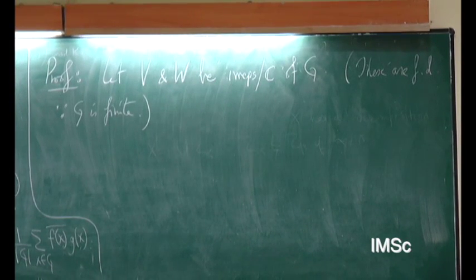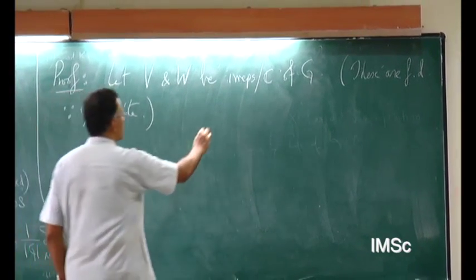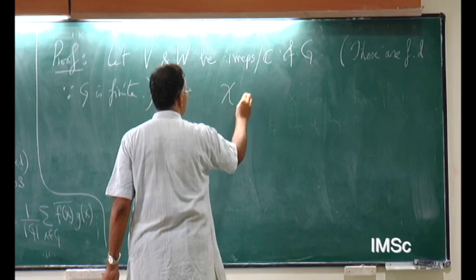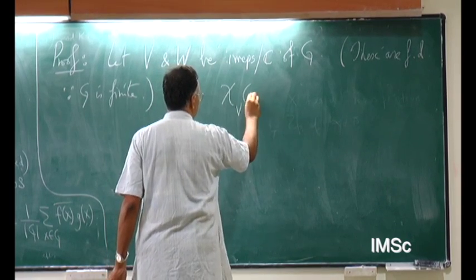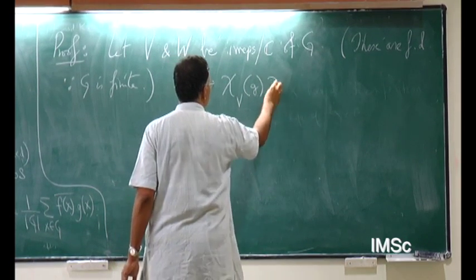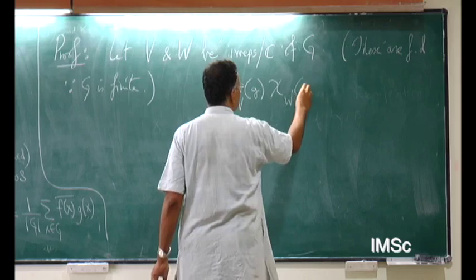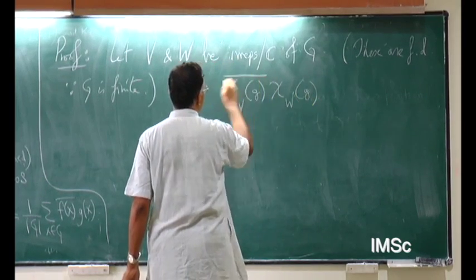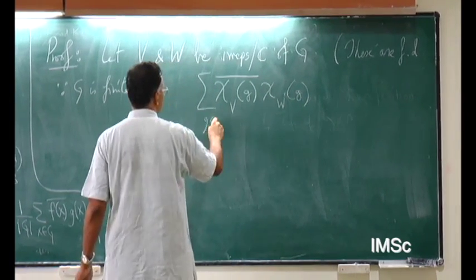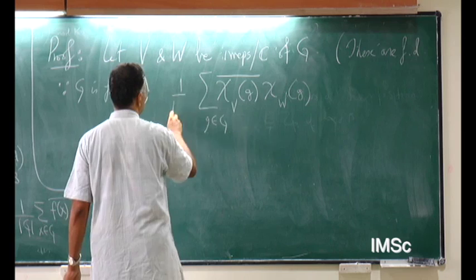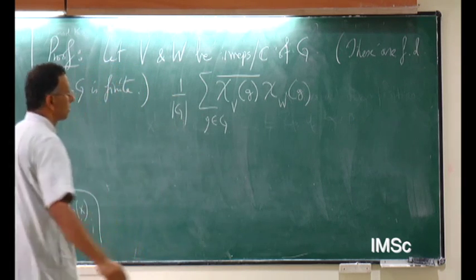Okay. So what am I supposed to do? Let me do chi V of G, chi W of G. Right.